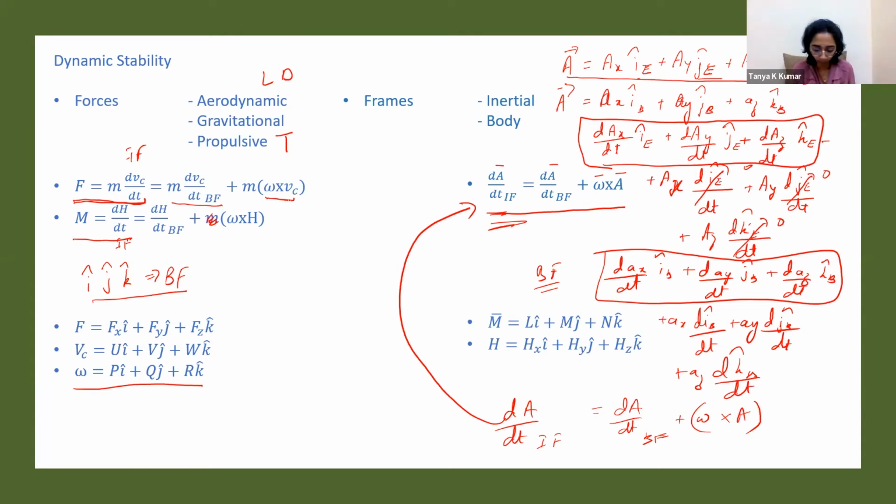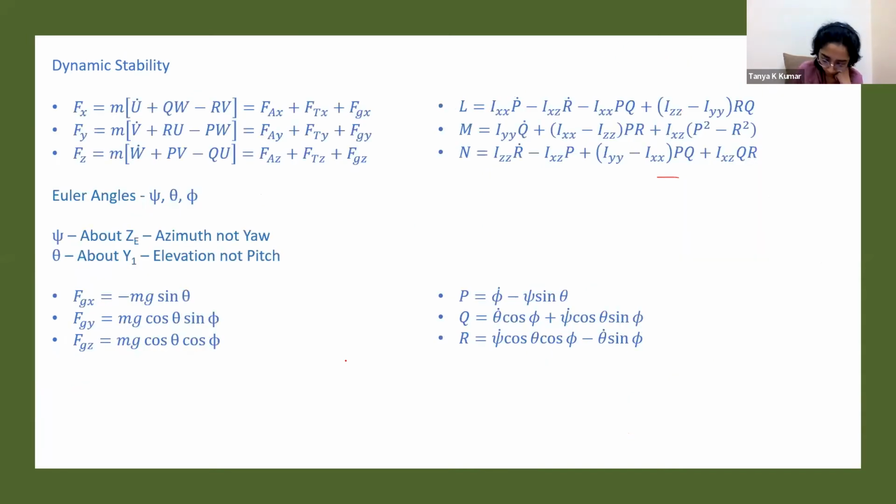You will have products of pqr and uvw. Okay. So you can see you have u dot, v dot, w dot, and you have these product terms that come due to omega cross Vc. And this comes from dVc/dt, this term. And uvw, their derivatives are in the corresponding frame. So for x it is u dot, for y it is v dot, for z it is w dot.